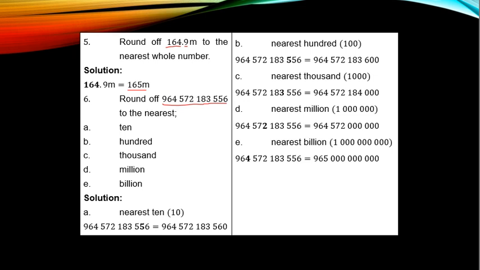Okay, in this case, your idea of the place value system is needed. That is units, tens, hundreds, and so on. And in the place value system, the digit under tens is 5. That is the first 5 from the right.